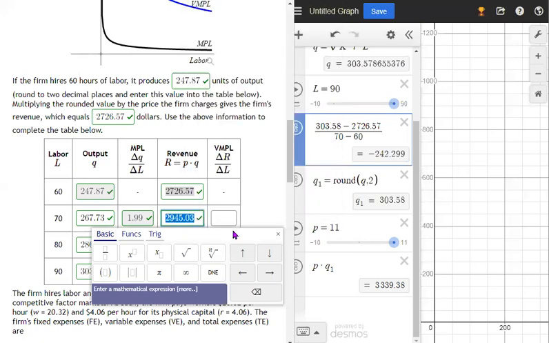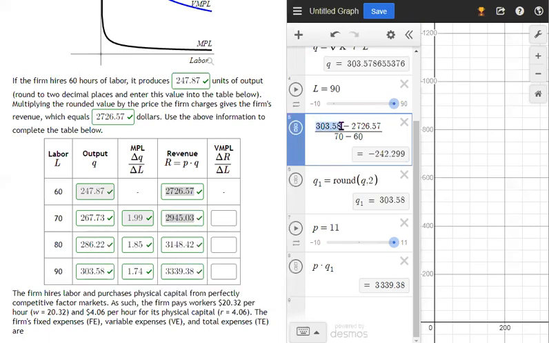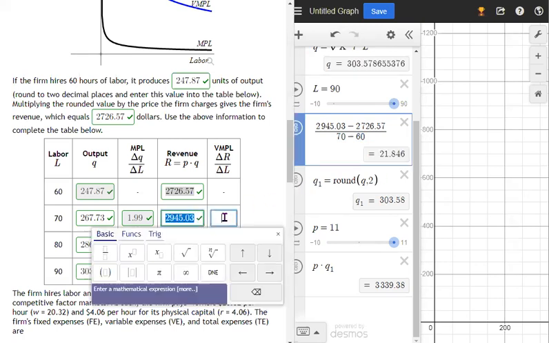The revenue at labor equal to 70. All right. Now we're talking revenues, right? The revenue at 70 is $2,945.03. The revenue at 60 hours of labor is $2,726.57, right? And so the value of marginal product of labor is their ratio right here, right?